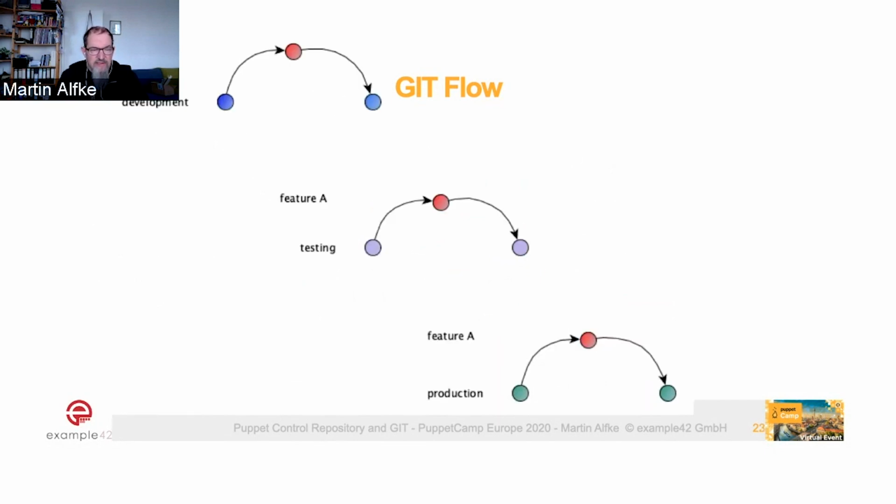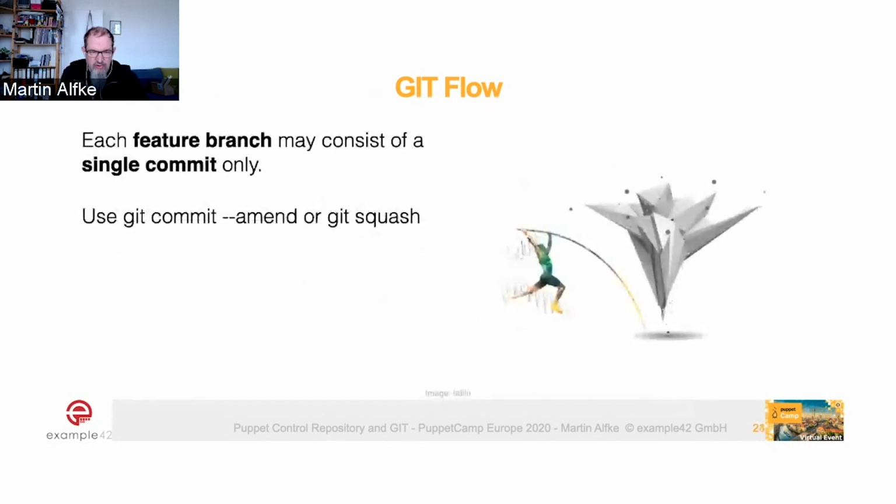Instead, see each of your stages, development, testing, and production, as a closed code base. And in each of these code bases, you're working with feature branches and feature merge requests. To allow afterwards proper cherry picking, you must be sure that each feature branch, that each merge request consists of a single commit only.